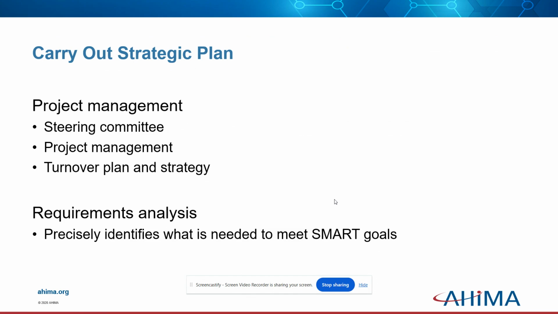We have a steering committee, we have project management that ultimately are constantly monitoring and helping to adjust, if need be, the goals of our strategic plan. And we also have requirements analysis, where it is precisely identified what is needed to meet those SMART goals that were identified earlier.